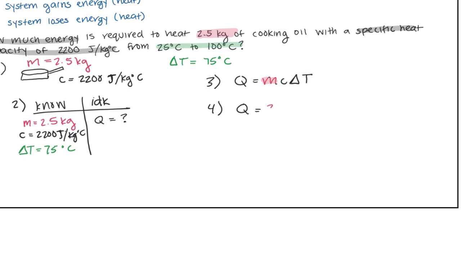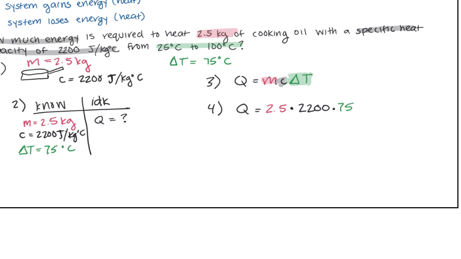Our mass is 2.5, multiplied by our specific heat, which we know is 2200, multiplied by delta T, which we know is 75 degrees.